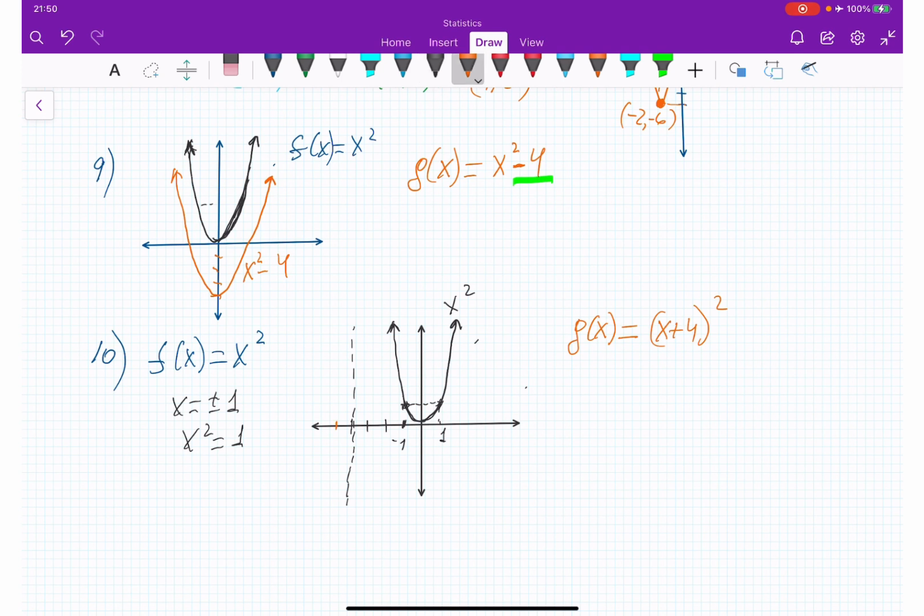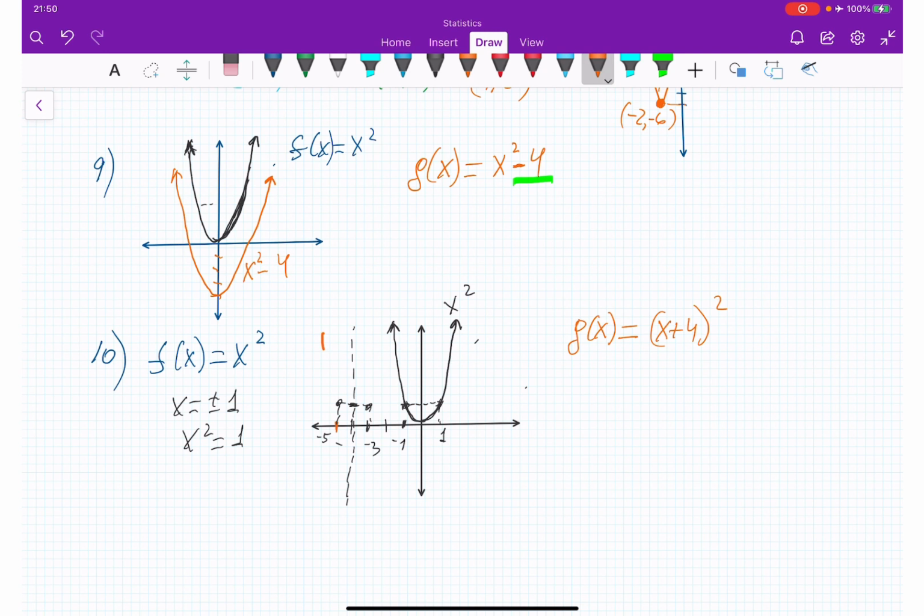This is negative 1. It's not negative 1, this is negative 4. This will be negative 5, this will be negative 3, right? Plus minus 1, and this is 1 also. Negative 4, this is 1. So these 2 points. Let me build.